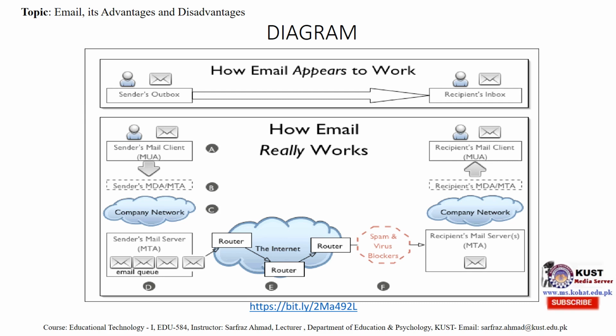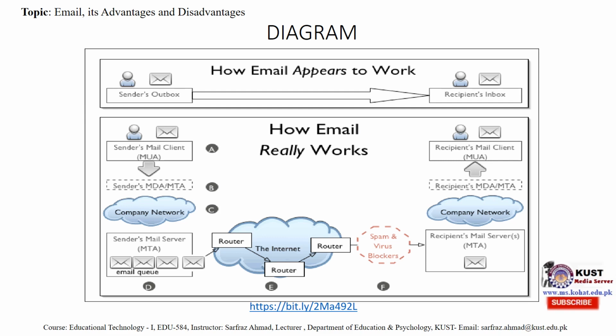Then when it reaches the recipient, if you are not recognized by that recipient, what will happen? That email will be put by the server into the spam folder. This is also one of the folders in your email. The spam folder basically consists of emails that are not recognized directly by yourself.